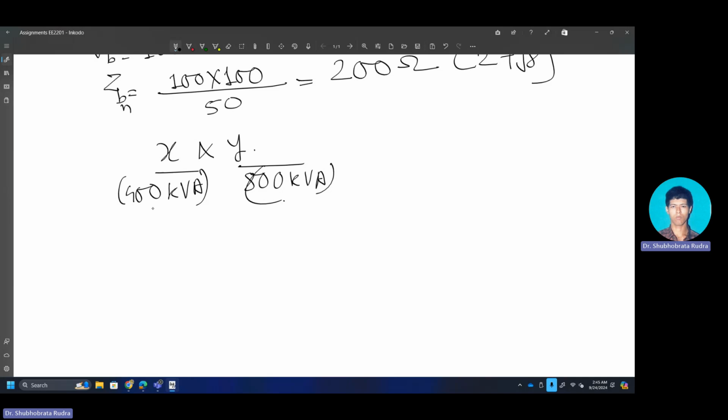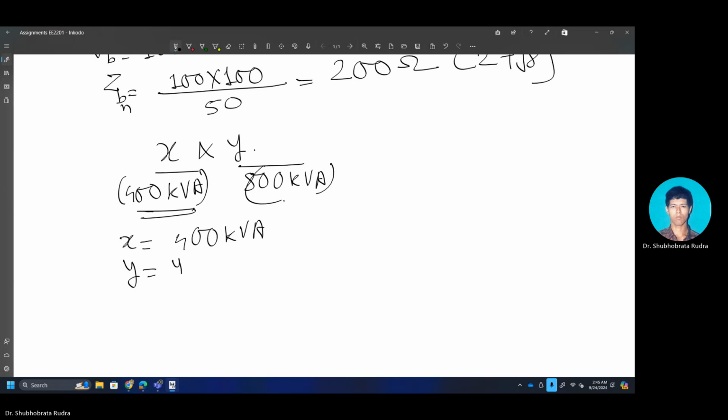You should first assign the maximum kVA to the transformer with the lower kVA rating. So you assign X equal to 400 kVA.